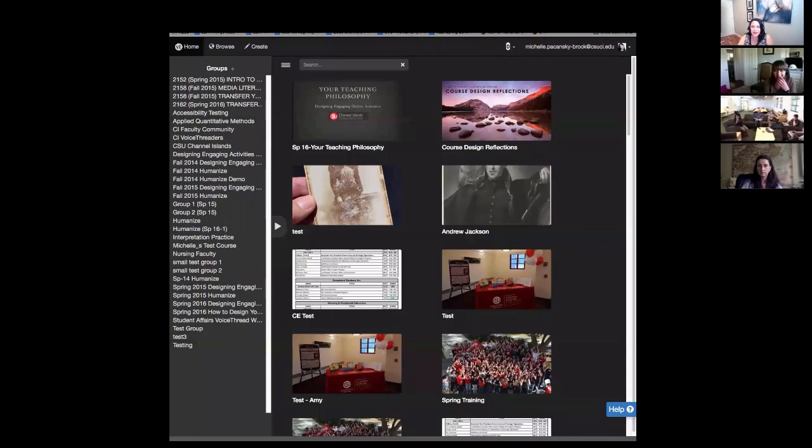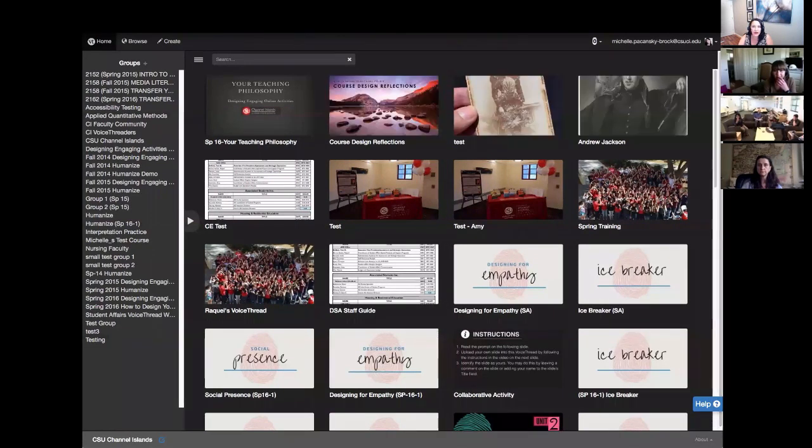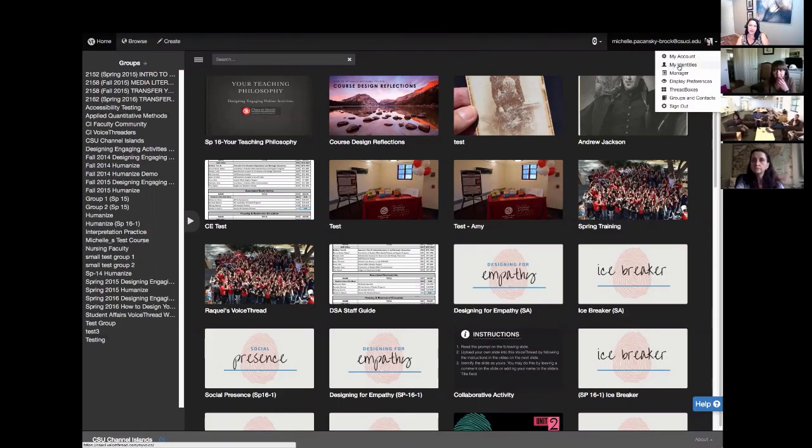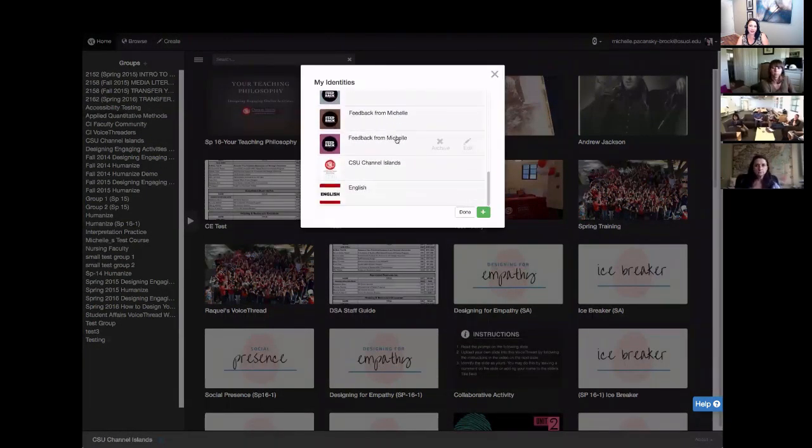Okay, so this is my VoiceThread page. I'm just going to make it a little bit bigger. Let's see if they still have it in the same spot. If you click in the upper right corner next to your name, there's a drop-down arrow, and the second option is my identities. I used to have all these different feedback icons that I would toggle between when leaving responses to students.